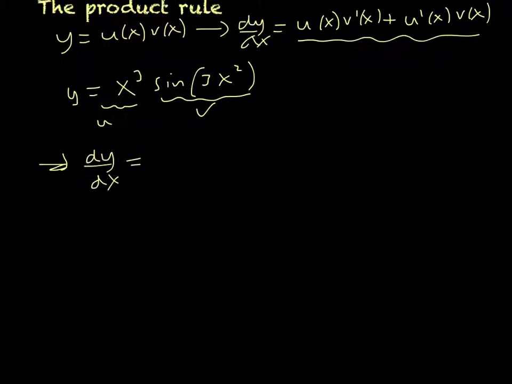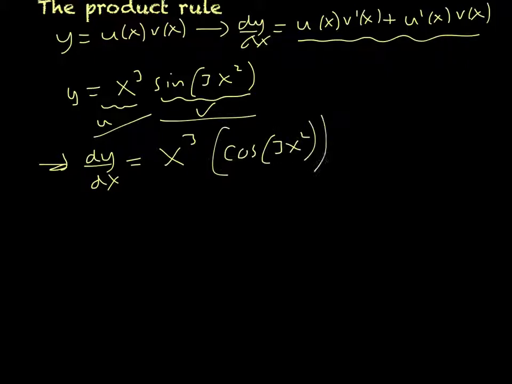So dy by dx is, again, I'm not going to write u of x, u dash of x, v of x, v dash of x. I'm just going to say this thing stays the same. This is our u, so that just stays. And now I'm going to times it by the differential of v. So sine, remember chain rule, goes to cos, and then we're timesing it all by the differential of our 3x squared, which is 6x, plus.